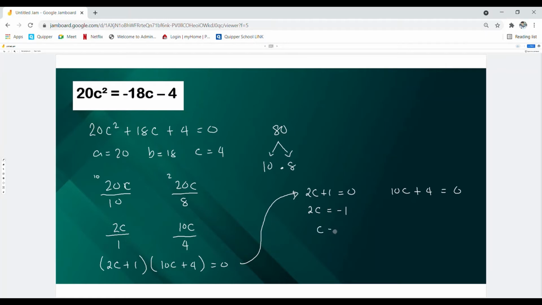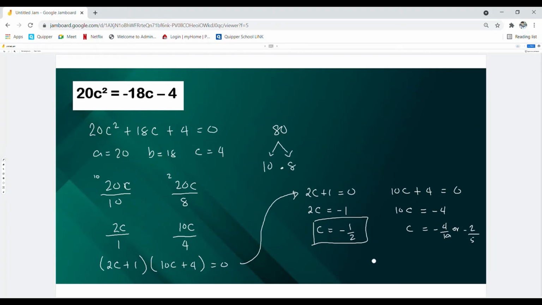So c is negative 1/2. That's your first c here. You have to transpose 4, so 10c equals negative 4. So dividing both by 10, you have c is equal to negative 4 over 10 or negative 2/5.